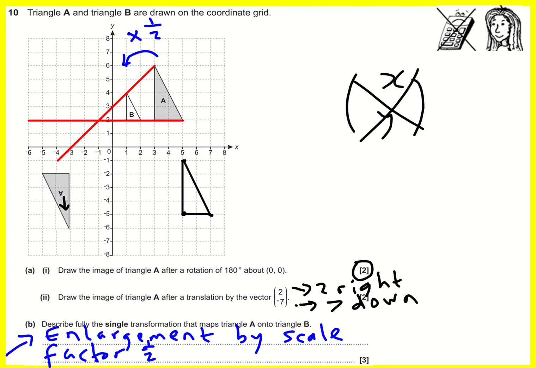My center of enlargement is here. Basically, if I want to, I'm going sort of 2 along and 2 up. If I then, 4 along and 4 up. If I times that by a half, I'll go 2 along and 2 up. That's how this works when you're doing an enlargement. So enlargement by scale factor half, about -1, 2.